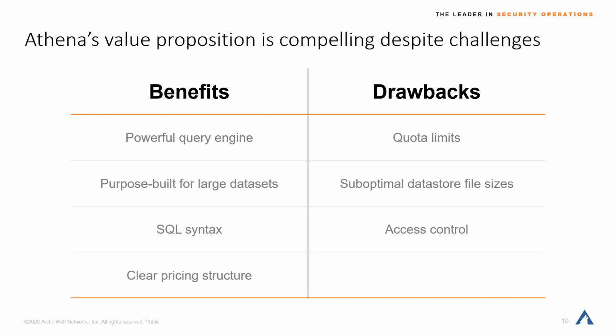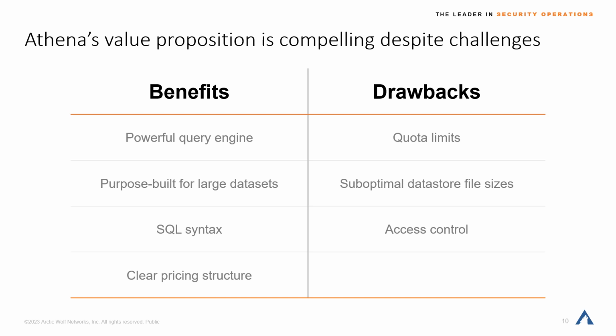However, even though Athena is awesome and it provides a lot of value, there are some drawbacks, at least for our particular need. The first is, since we're using the traditional pricing structure, we are subject to the quota limits imposed by the service, which are basically limits on, among other things, the number of concurrent queries that you can run in one service account. And since it's a service account, it's a limit that not only does our team have to respect, but everybody else that's using Athena within the same service account.